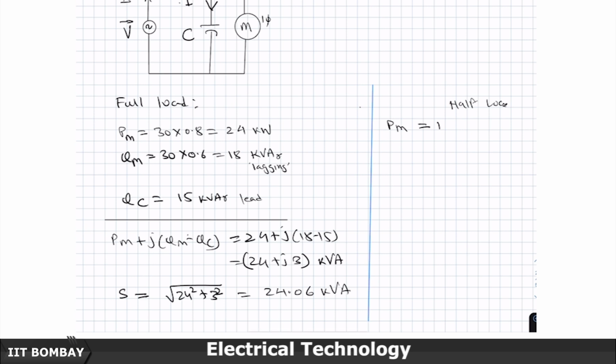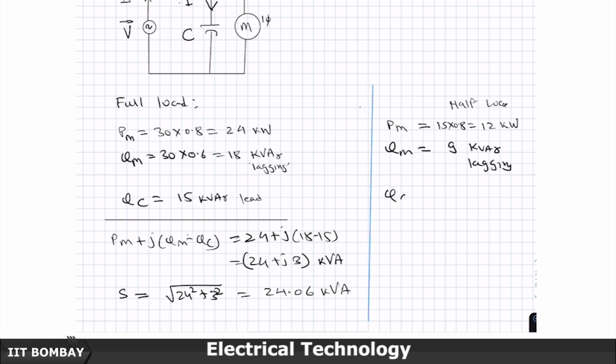So, it has become 15 times 0.8, which is the same as taking half of this value. So, half of 24 will turn out to be 12 kilowatt, and Qm will also become half. So, it will become 9 kVAr lagging.